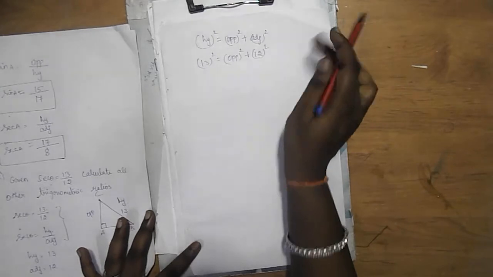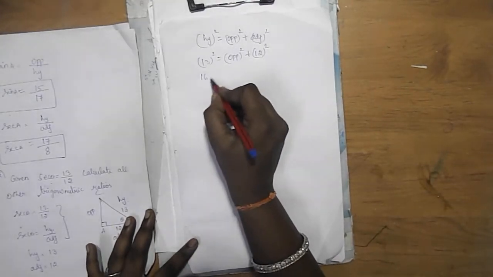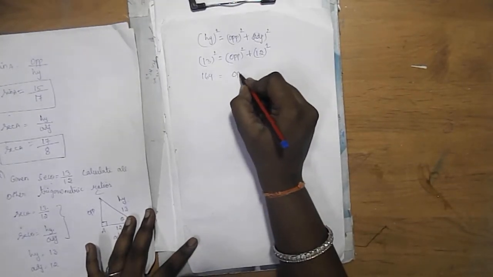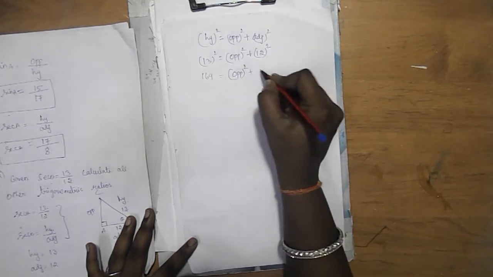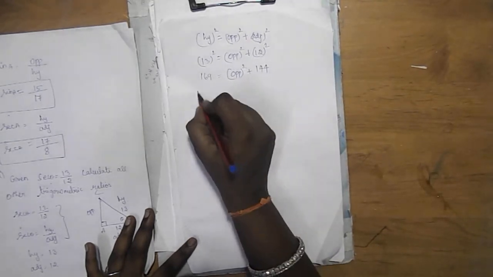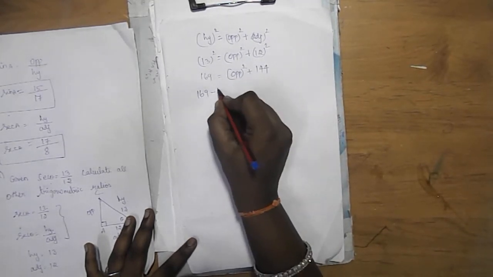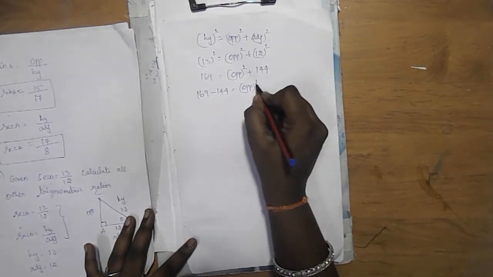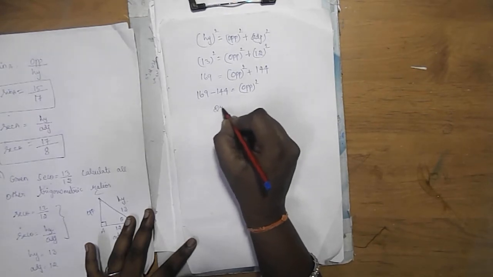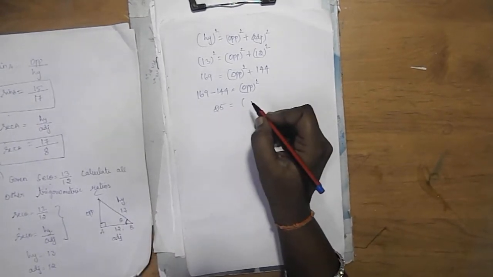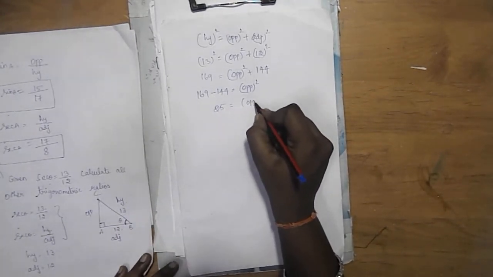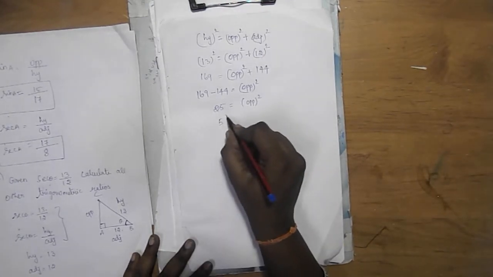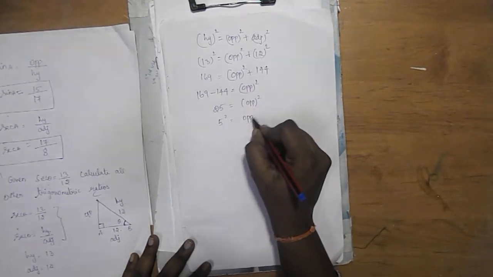Okay, next 13 square, answer is 169. Opposite square, 12 square value is 144. So 169 minus 144 equal to opposite square. So subtracting we get 25 equal to opposite square. So 25 is 5 square equal to opposite square.